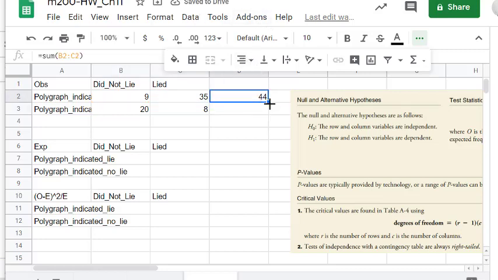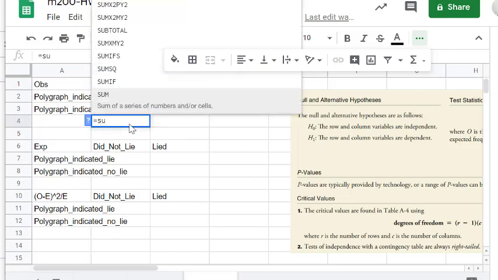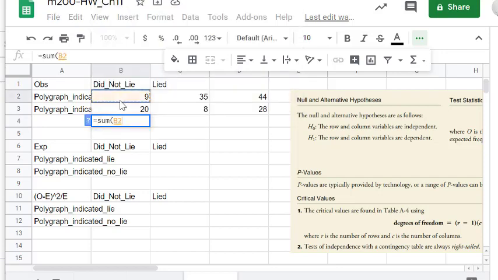Now we're also adding this row, so we can do the same thing for the second row. And then we can do the same thing for the third row, but instead we'll add up the columns. So again, we'll say equals SUM, and then we'll highlight those cells, and then we'll click and drag to get the column totals.